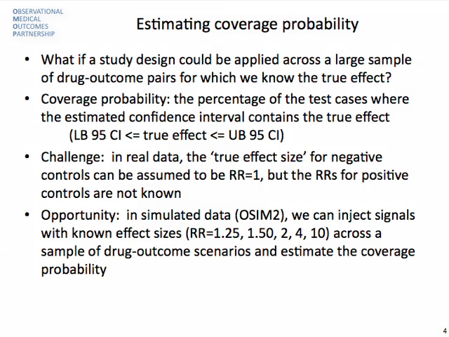But the opportunity we now have by using simulated data is that we can inject signals of known sizes and ask, when we have a positive effect, a relative risk of 2, how often does the confidence interval contain 2? I'm going to walk you through some examples of how that actually played out.